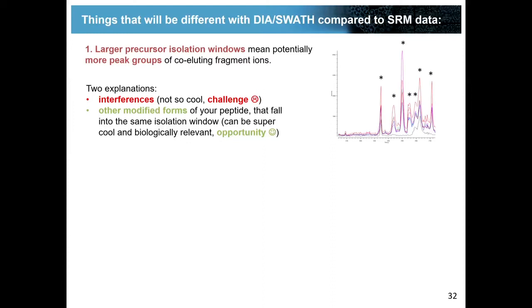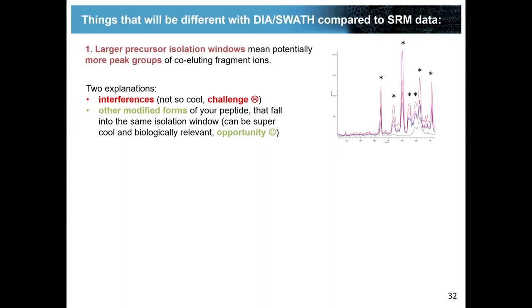However, when it comes to PTMs, there is also a second explanation why you have so many P groups here, and this is that there are other modified forms of your peptide that have a modification that is small enough that the precursor mass is still within the isolated window, and because then both modified forms are isolated and fragmented together, you end up seeing these many different P groups.